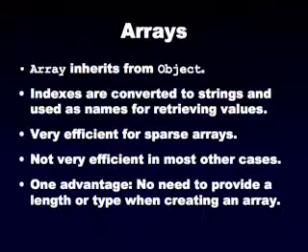Arrays in JavaScript are unusual. They're not like in most other languages, because array inherits from object. The way arrays work is that array indexes are converted into strings and then used as names for retrieving values. They're not the position indexes into a list or a string of memory.